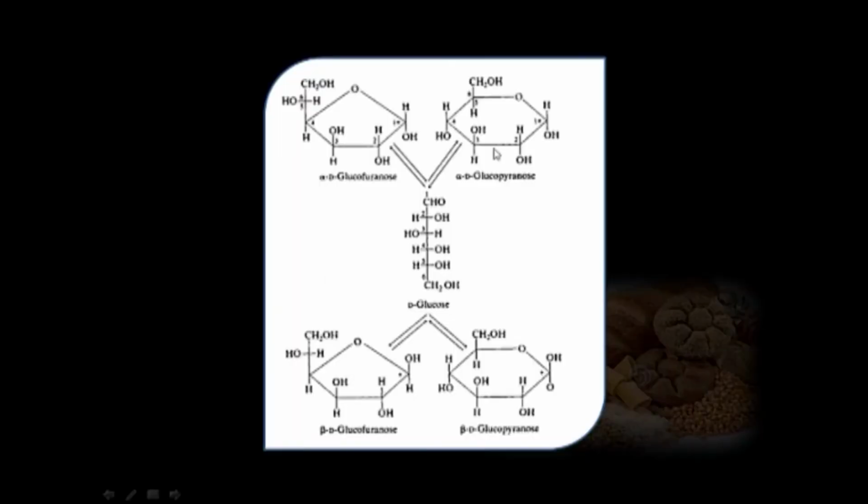They exist as 5 membered ring structures as well as 6 membered ring structures. Depending upon the nature of the monosaccharide, 5 or 6 membered may have the maximum ratio. In glucose, the 6 membered ring structure is there in larger amount. In fructose, the 5 membered ring structure is in larger amount. So, this is about the ring size in monosaccharides.